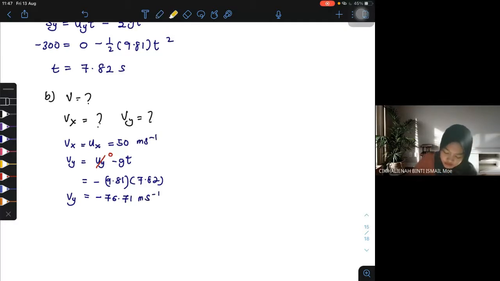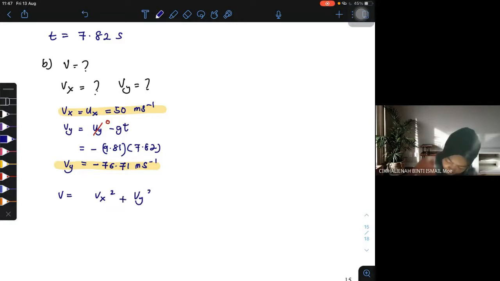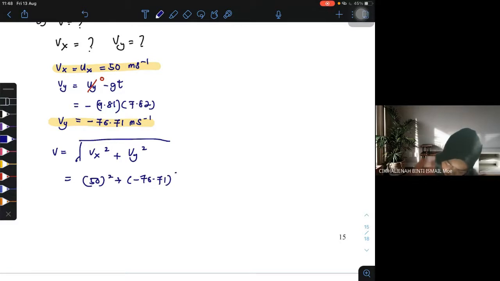So we have this Vx and Vy. Now we can find the value for V, the magnitude for V. So magnitude again, kita akan gunakan Vx square plus Vy square. And then just masukkan Vx is 50, Vy is negative 76.71 square.